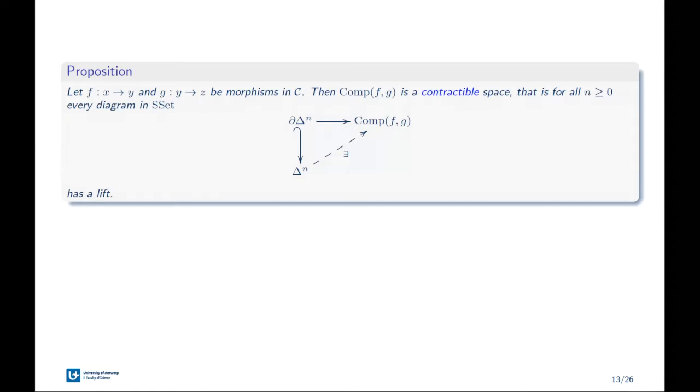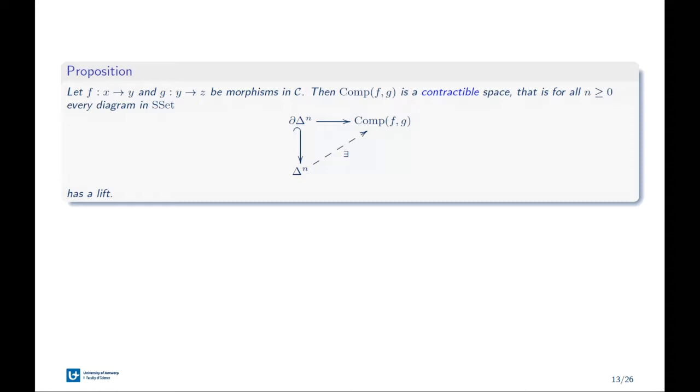And then here's the nice thing about them. That is that this comp fg will always be a space, so a Kan complex, but think about them as a topological space. And not only will it be a space, it will be a contractible space. So that means that I can contract the entire space to a point. That's the idea.